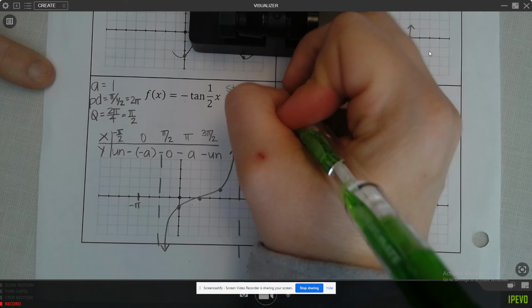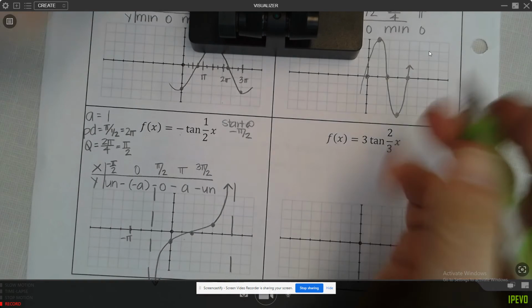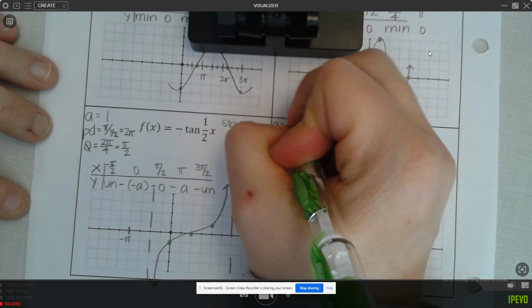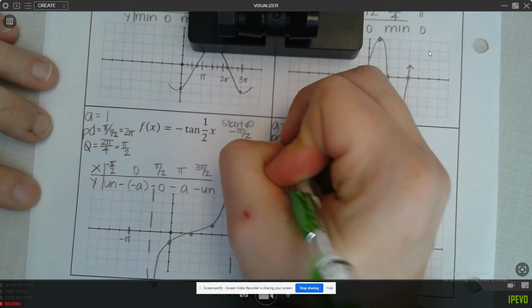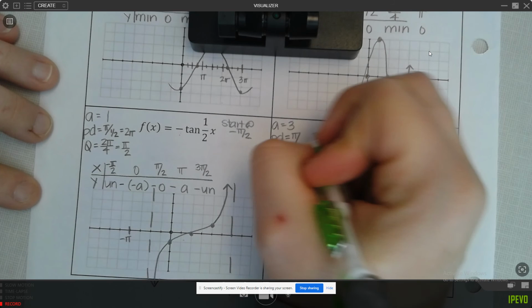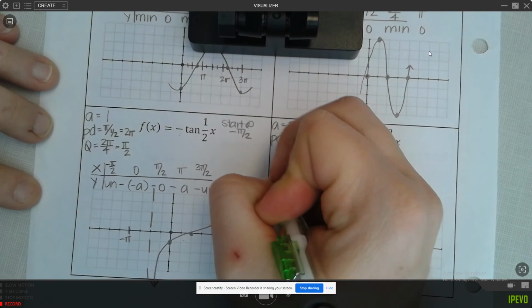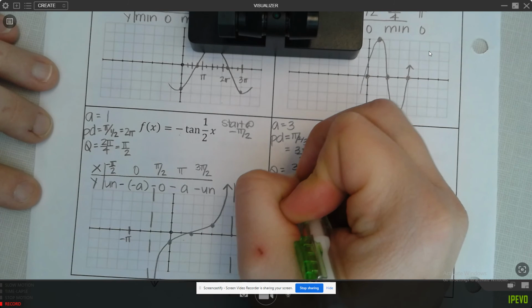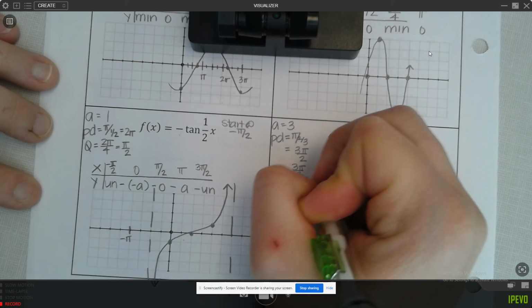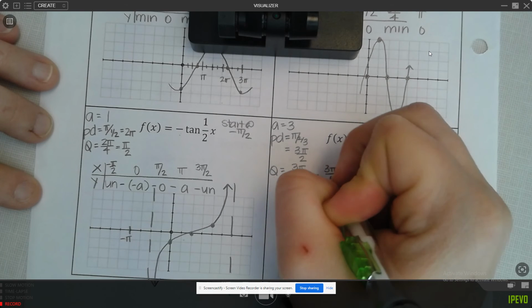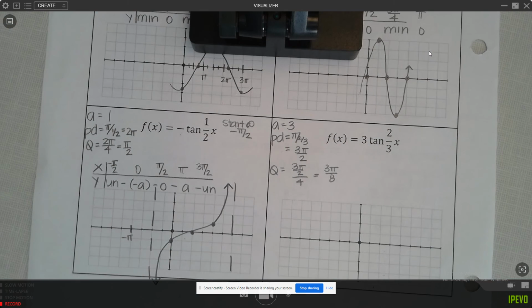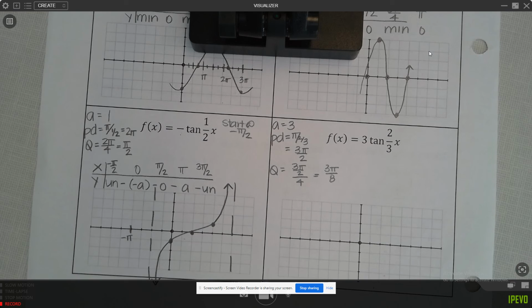Now for this one, my last one here. My a is going to be 3. My period is pi divided by 2/3. So that's 3 pi over 2. And my quad is 3 pi over 2 divided by 4. So that's the same as 3 pi over 8. All right.